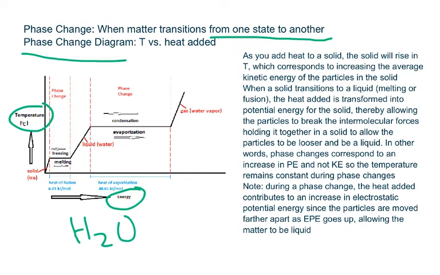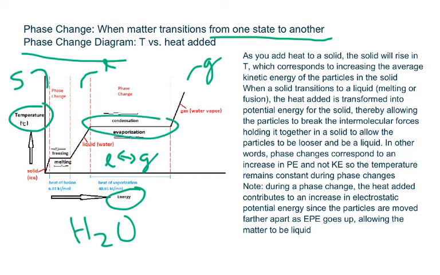Before we continue, let's label the different parts of the graph. This part is when it is a solid, this part a liquid, this part a gas, and this part is when liquid and gas are at equilibrium and they're fighting to decide whether it's going to be a liquid or a gas. But during this stage, there are both liquids and gases because the liquid is slowly turning into gas.